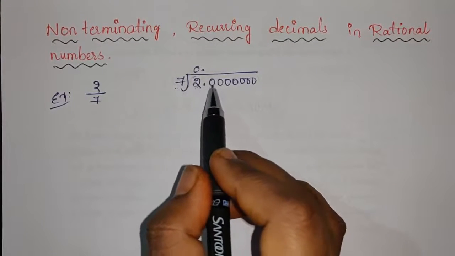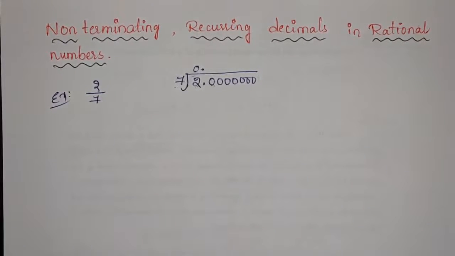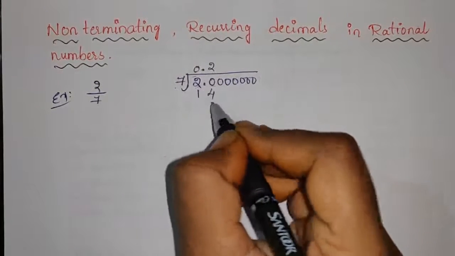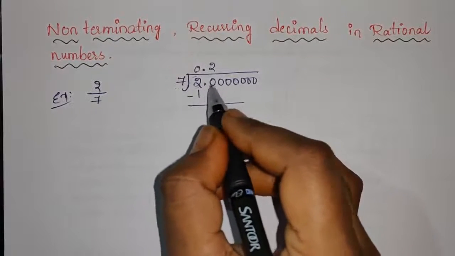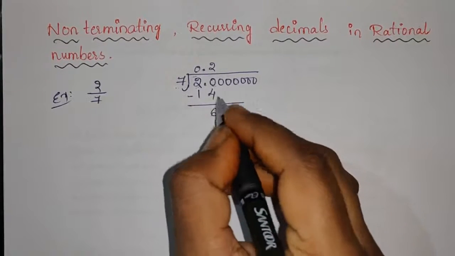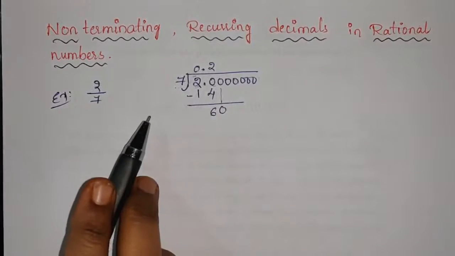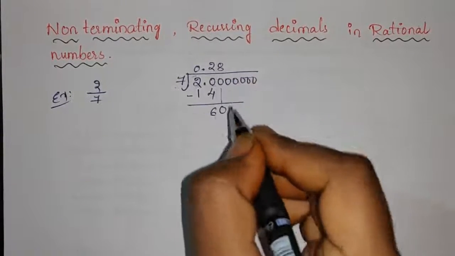Let us consider this 20. 7 2s are 14, 7 3s are 21, so we can't go beyond 20, so 7 2s are 14. When you subtract this from 20 you will get 6. Another 0 I am taking down here. 60. With 7, 7 8s are 56.